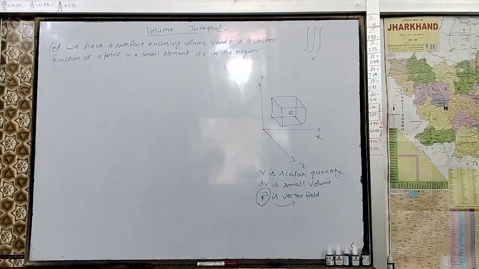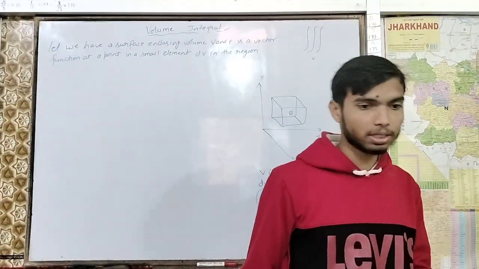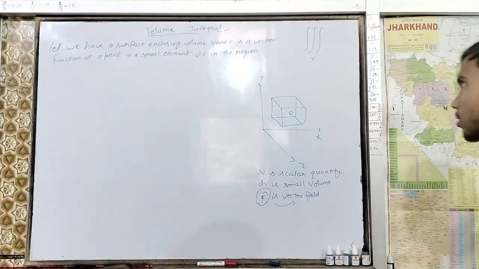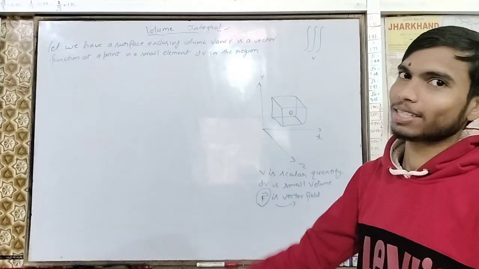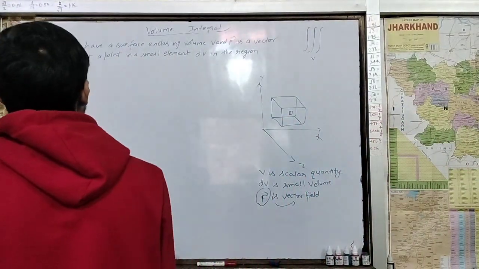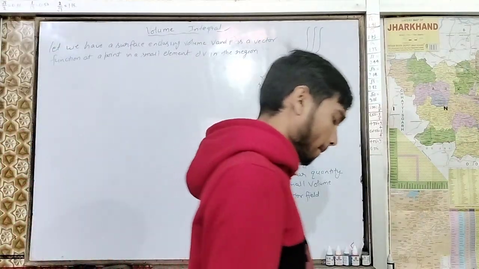So since it is present in a vector field, you can say that this point function is nothing but a vector function point. If it is present in a scalar field, then you say yes, this is a scalar point function. Got it?